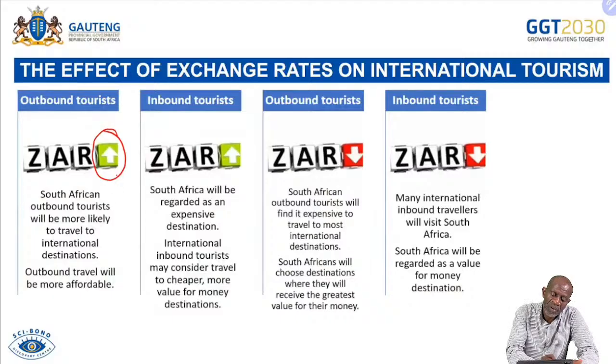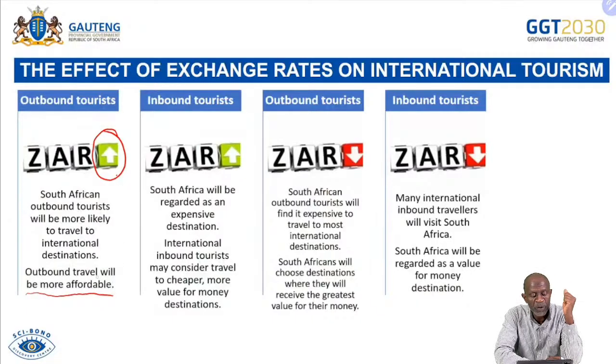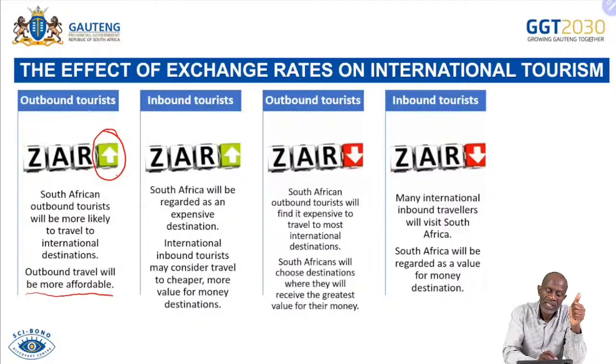So if the rand is strong, South Africans will visit international destinations because outbound travel will be cheaper. The value of the rand is more, so they will be able to buy commodities, products and services in foreign countries. So we are likely to have people leaving South Africa if the South African rand is strong. So we are referring to those people leaving the country.